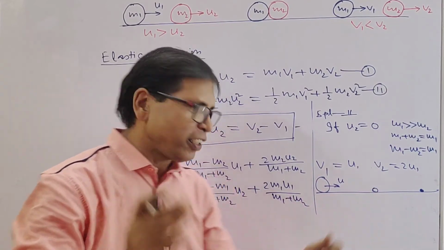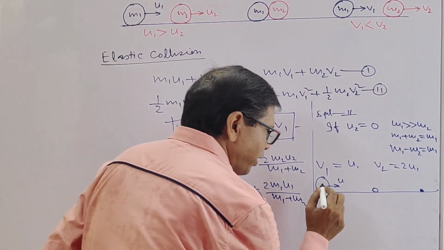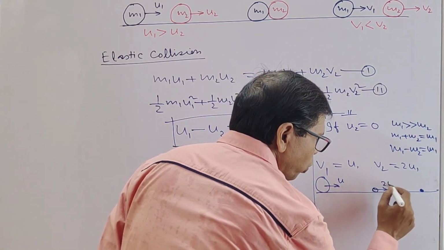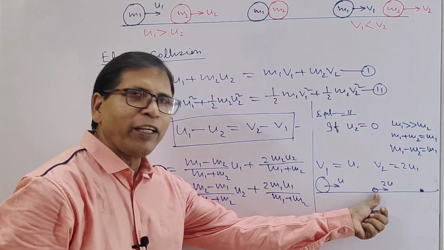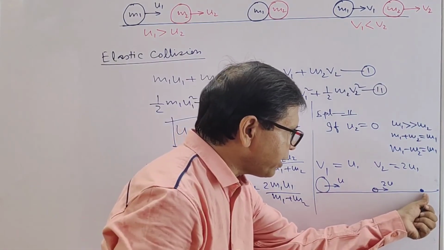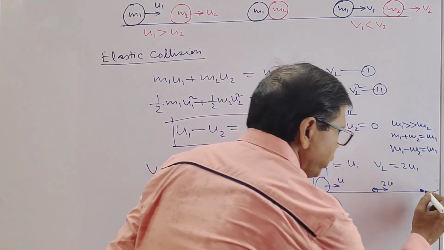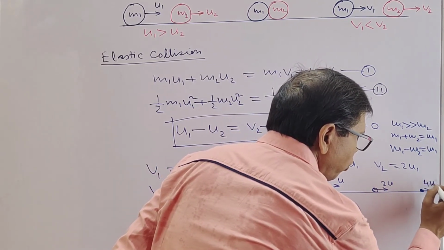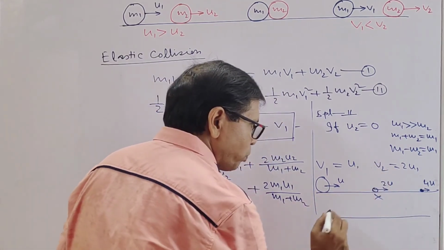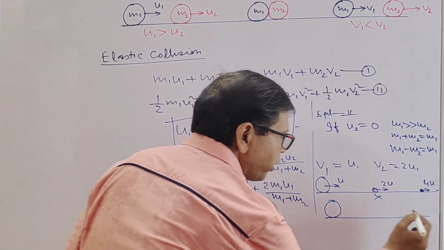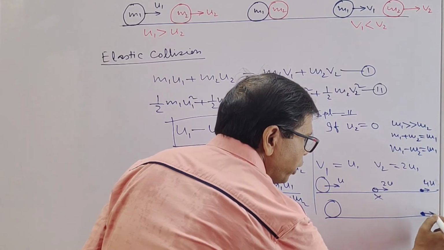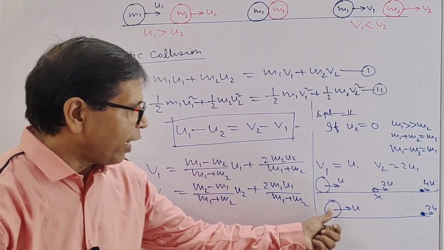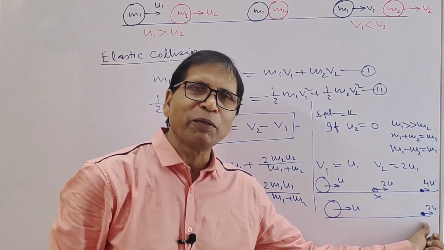If the body is present, the velocity of the first body is u, so the velocity of the second body is 2u because its mass is negligible in comparison. Then this velocity is 2 into 2u, so this is 4u. If the middle mass is not present, this body strikes the last body directly, so it has only velocity 2u because this is the large mass and this is the negligible mass.